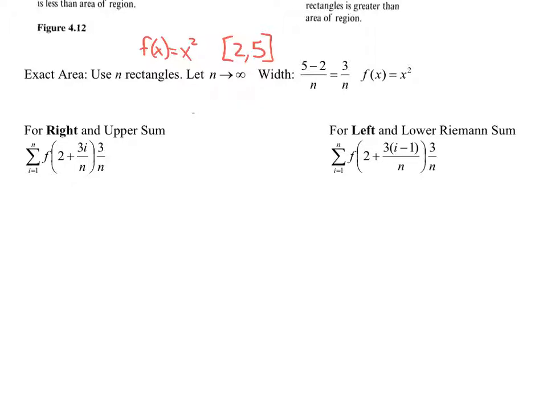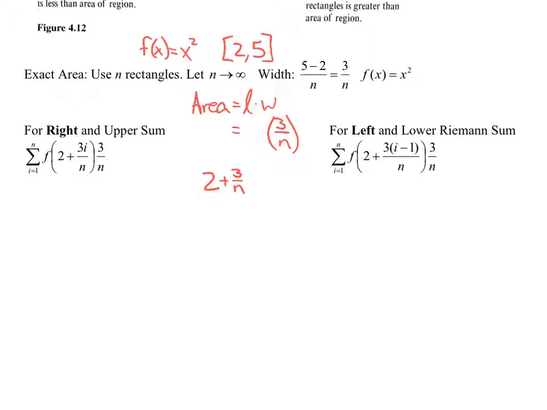So as I'm looking at area equals length times width, I know all of these are going to be times 3 over n for the width. The height is going to be a little bit different because I'm starting at 2, and then for each rectangle I've got to add 3 over n to get to the other side of the rectangle.